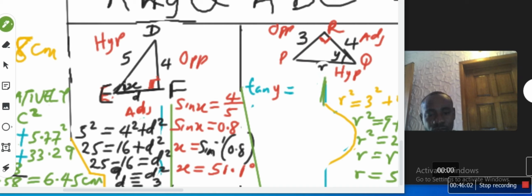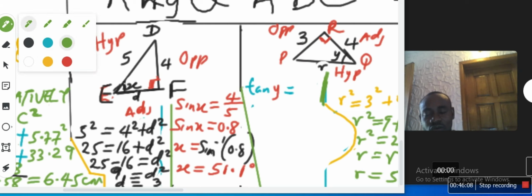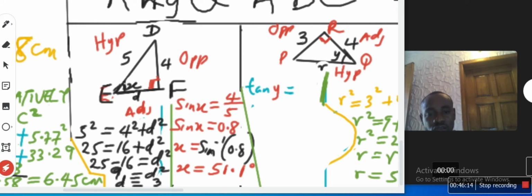So tan y is what over what? Opposite over adjacent, which is 3 over 4. That's 0.75. So tan y is 0.75.